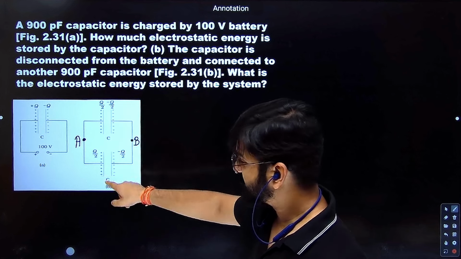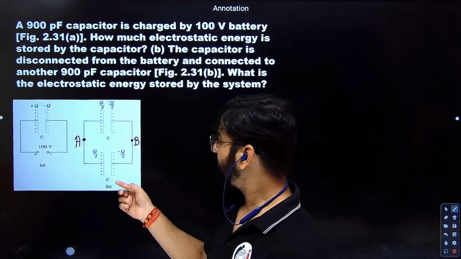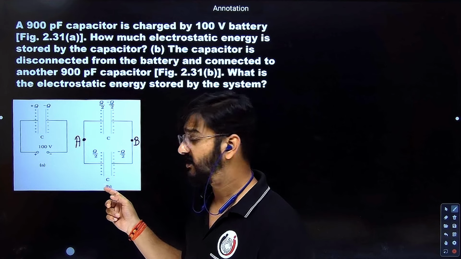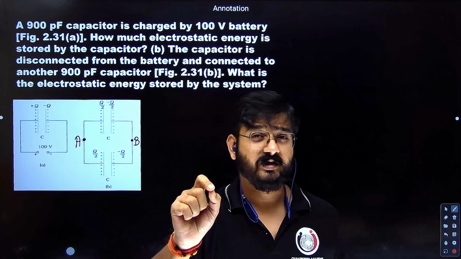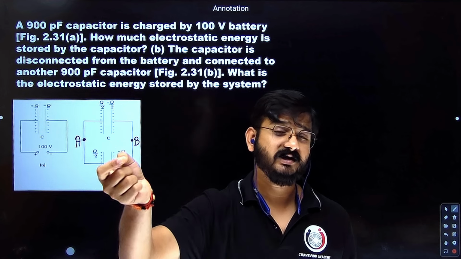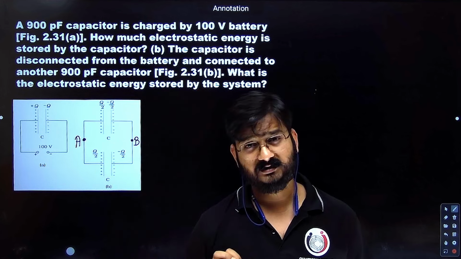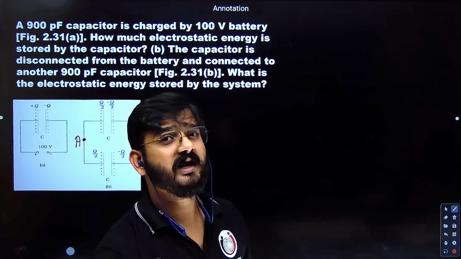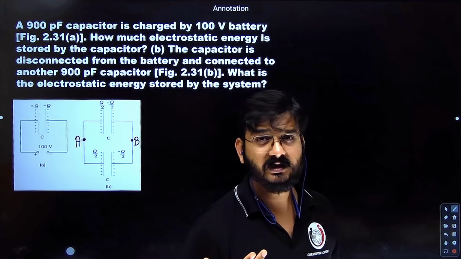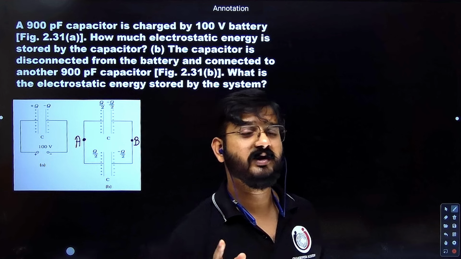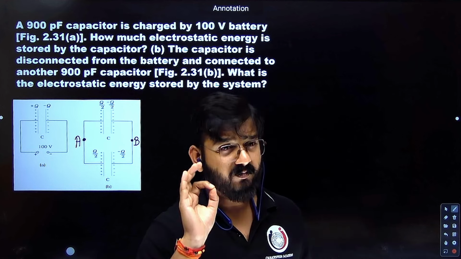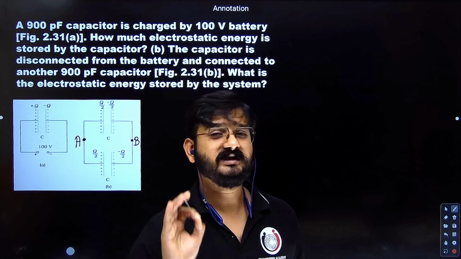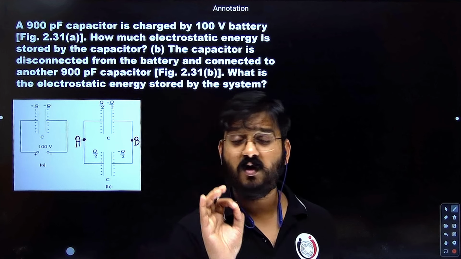This was C, this is also C. Now, the moment you connect this uncharged capacitor to a charged capacitor, what will happen? The charge will start flowing from the charged capacitor to the uncharged capacitor. But the question is, up to what time? There should be a limit, right? The charge will keep on distributing until both the capacitors have the same potential, which is called the common potential.